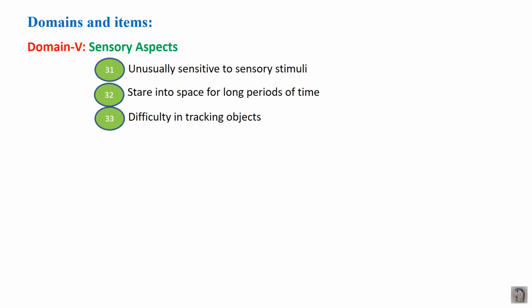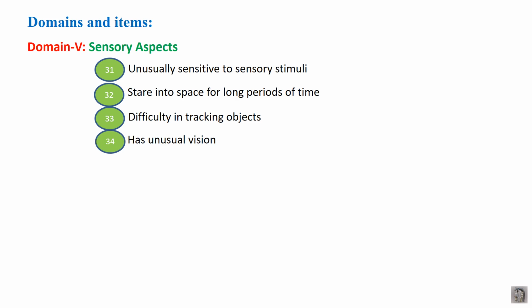That means the person with autism may have difficulty tracking an object or a person in motion. For example, when someone is moving, where he is going, in which direction, he may not be able to track that. So what you can do is throw a ball or a rattle on the ground and ask the child to track where it went. In that way you can check it.